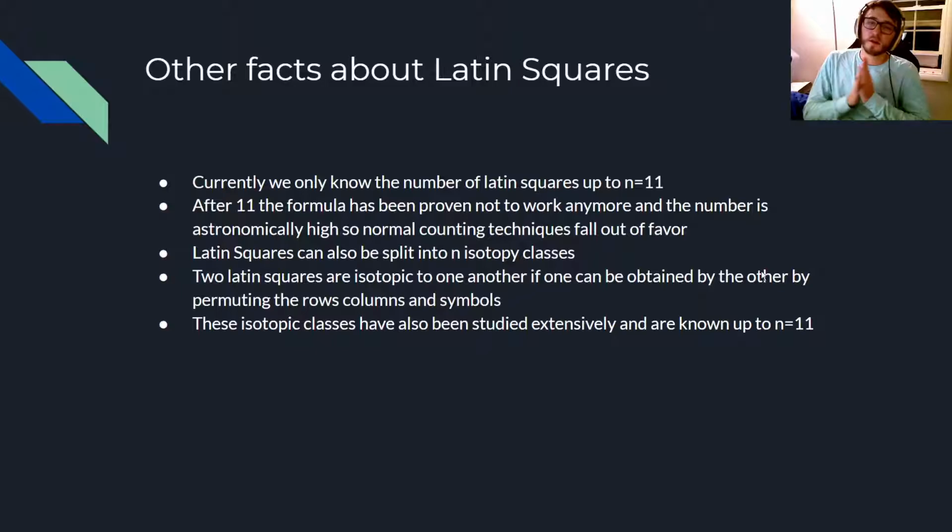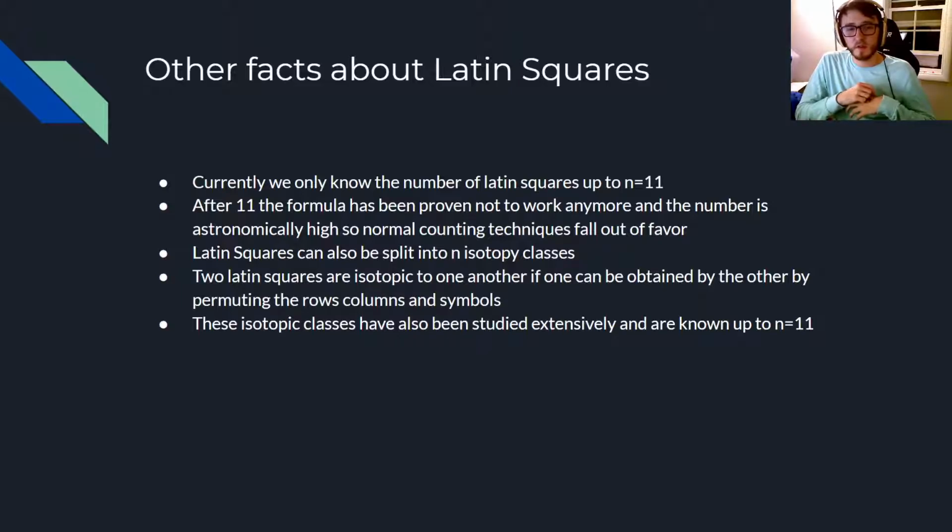So what are some other facts about Latin squares? As mentioned earlier, currently we only know the number of Latin squares up to n equals 11. After 11, the formula has been proven not to work anymore, and the number is astronomically high, so we can't use normal counting techniques to help us out here. Latin squares can also be split into isotopy classes.